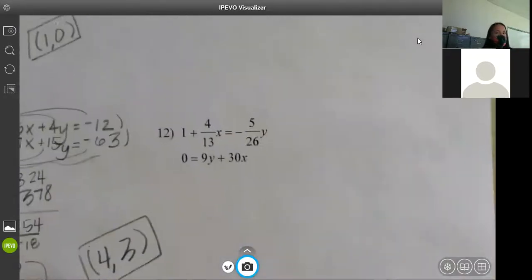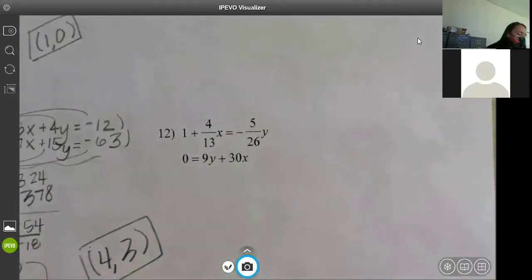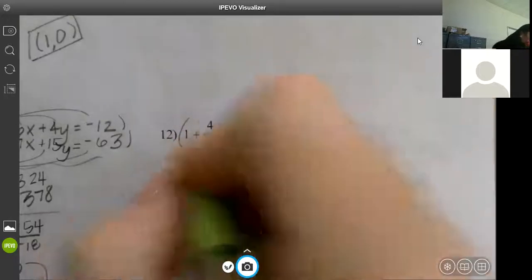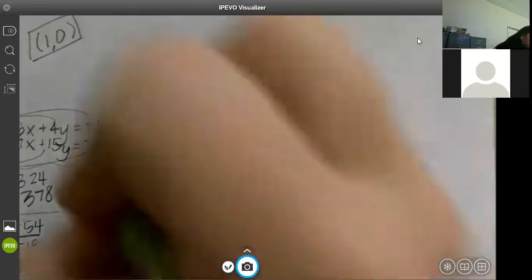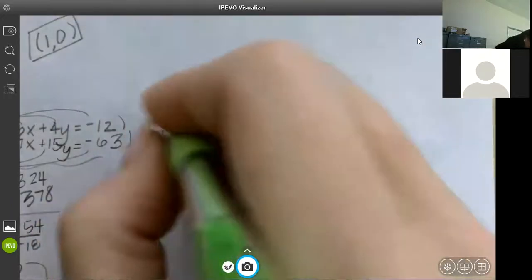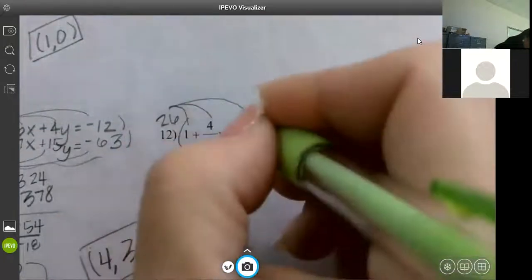All right, look at your last one. What do I multiply on the last one? The biggest one is which one? 26. Multiply every term by 26.